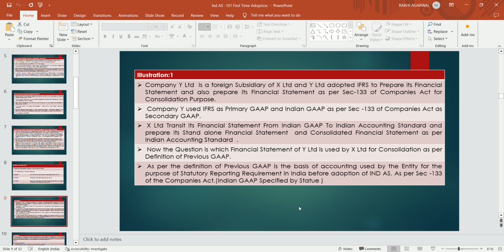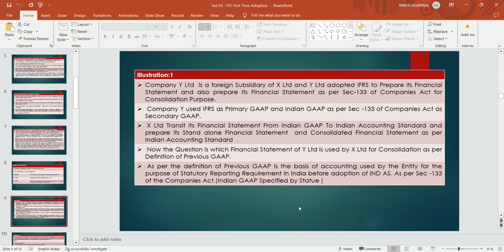Now the question is, which financial statement of Y Limited is used by X Limited for consolidation as per the definition of previous GAAP? I had already discussed that Y Limited is preparing two financials, that is as per IFRS and as per Indian GAAP.